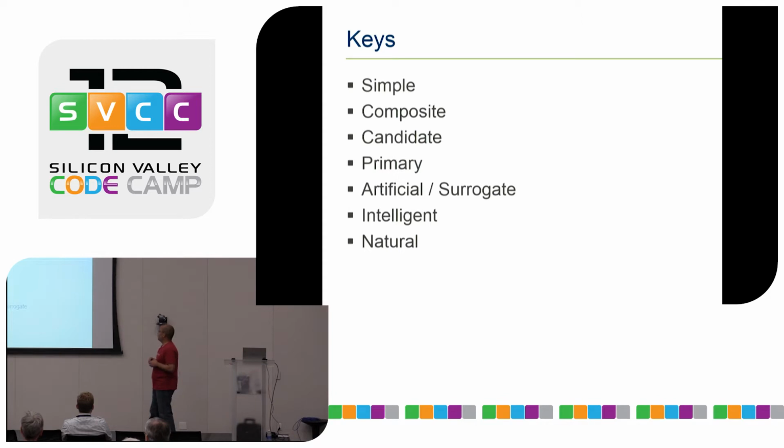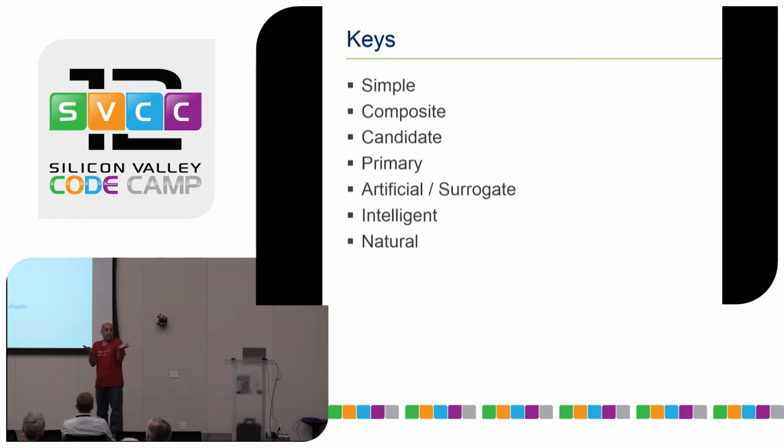Okay, an artificial or surrogate key is a key that does not exist in the real world. It is not part of our relation, and we add it to the table for whatever reason to serve as a unique identifier. That can be a GUID, right? A GUID doesn't tell me anything about the country.